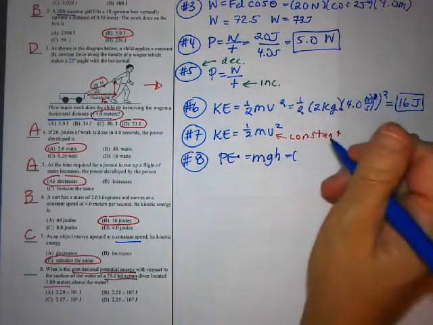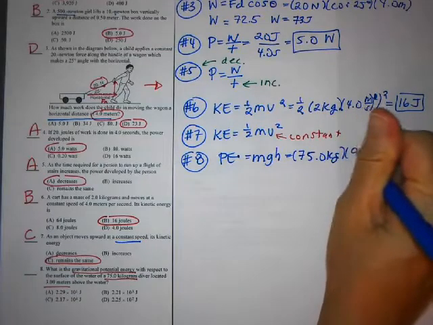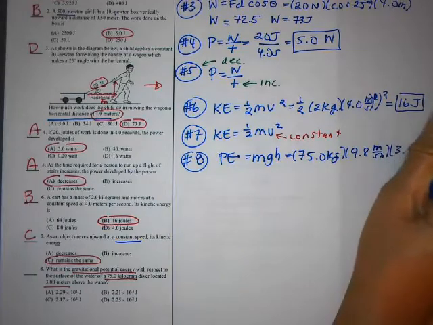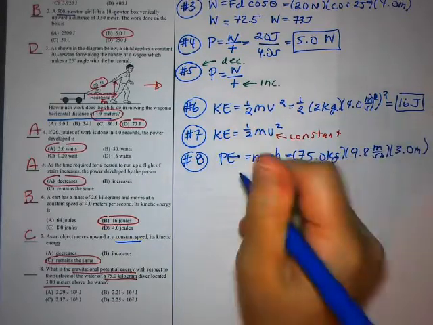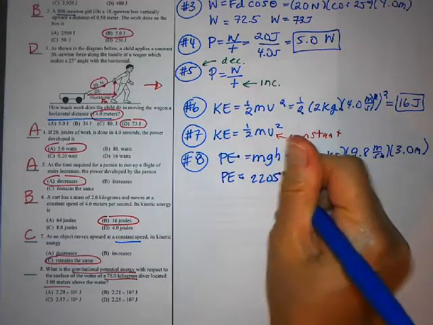So it's 75 kilograms times 9.8 meters per second squared times 3 meters. When I put that in my calculator, it comes out to be 2205 joules.